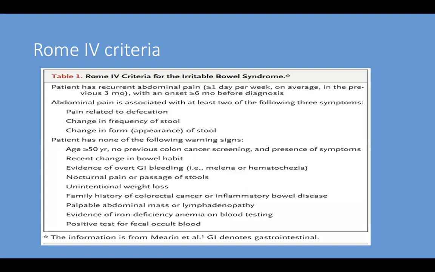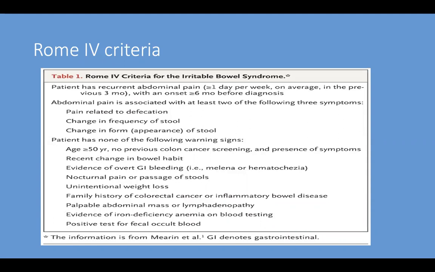So to diagnose IBS, you have to fulfill a criteria, which is named Rome 4. The patient has recurrent abdominal pain for more than 1 day per week for at least 3 months. If the patient has this history, we could consider IBS.